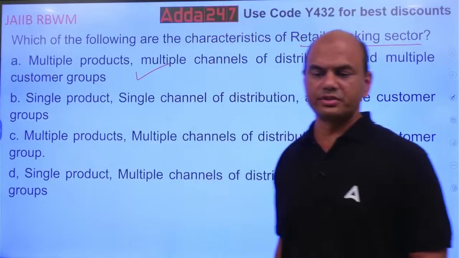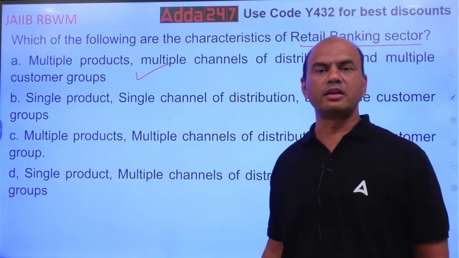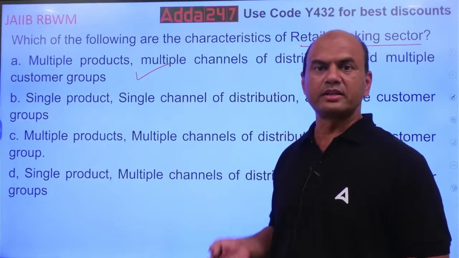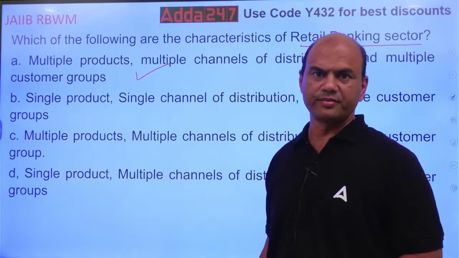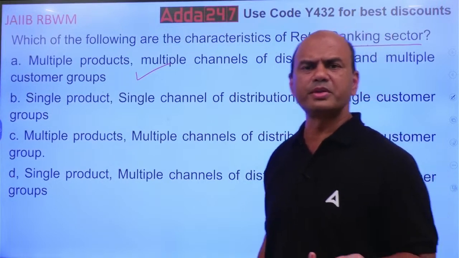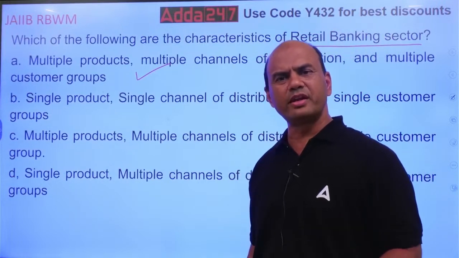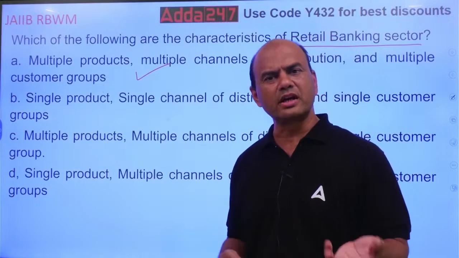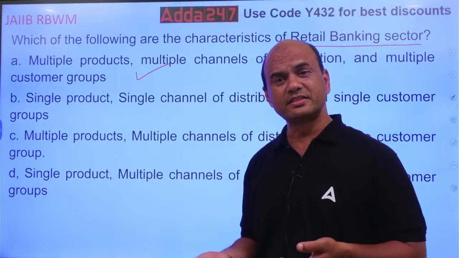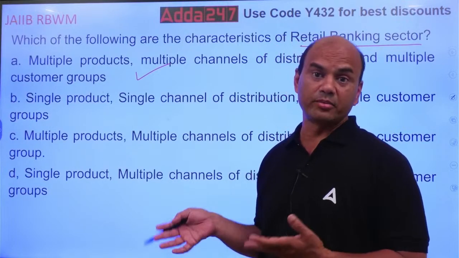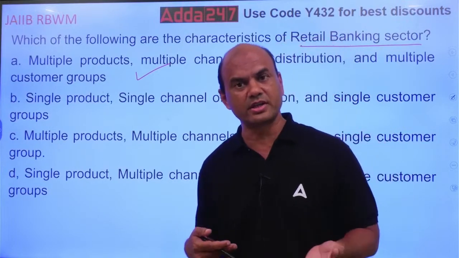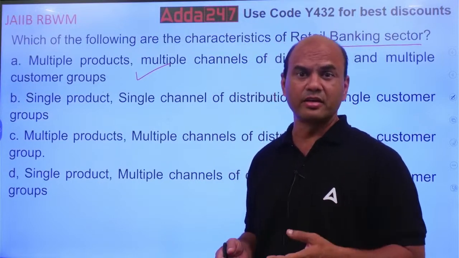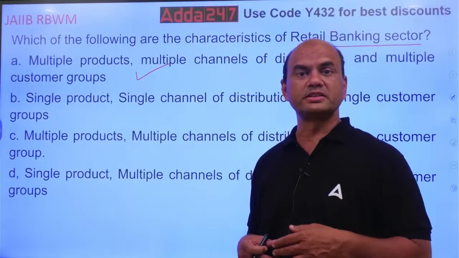Multiple products. You need to have products today related to your deposits also, loans also, and third party also. Multiple products means what? Your CASA, saving, FD, in deposits. In loans, you must have home loans, personal loans, car loans, LAS. Then in TPP, you need to have insurance, mutual funds, plus others also. There are various bond sellings, gold coin selling.